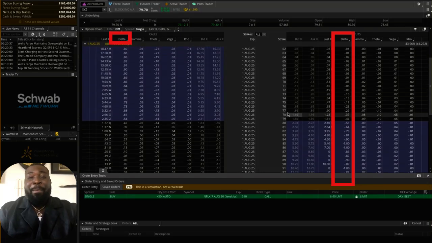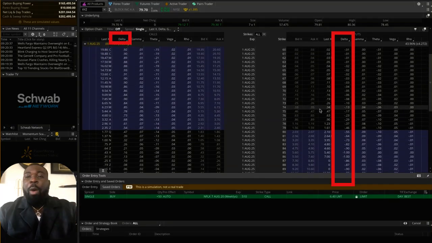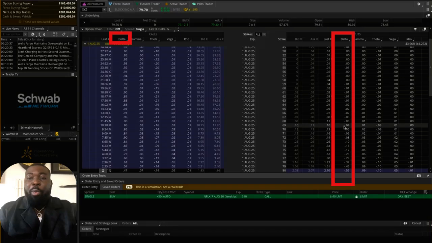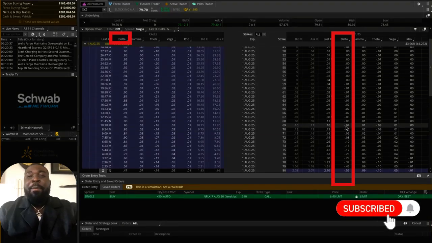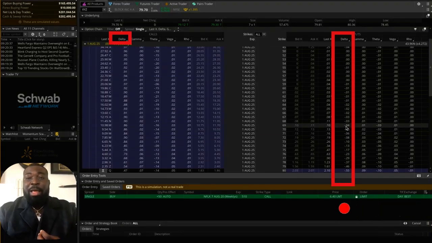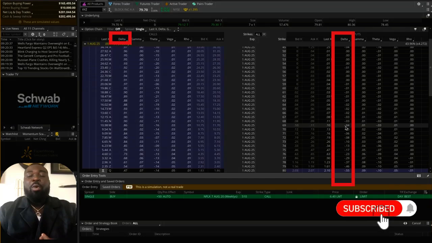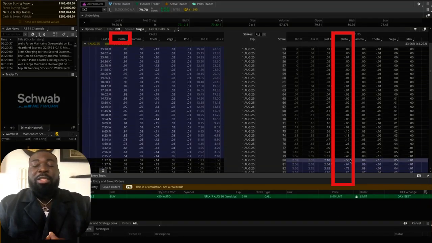If you wanted to buy puts because you think the company is going to go down, buying a put over here at a minus 0.04 delta means that there's a 4% chance that this 69 put is going to become in the money, which means the stock price is going to be at 64 or below at the expiration date. That's what delta means. So if you're a buyer, if you buy this put, in 2 weeks' time there's only a 4% chance that this contract is going to end up in the money.